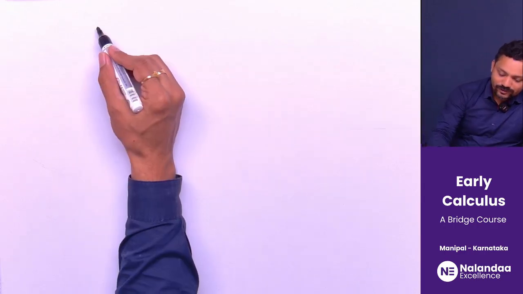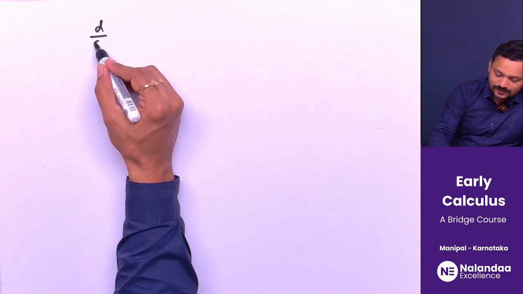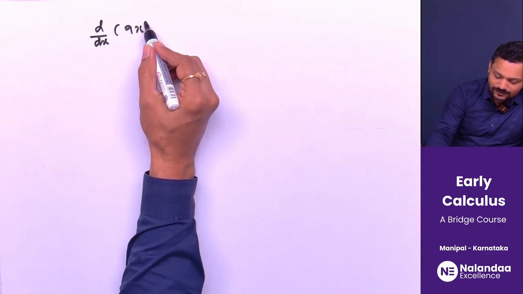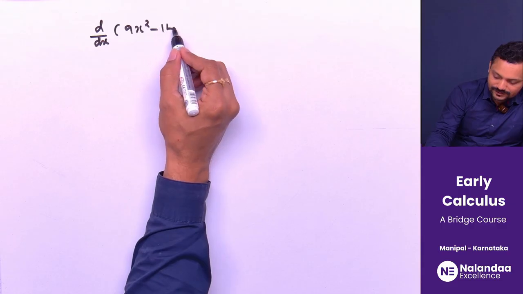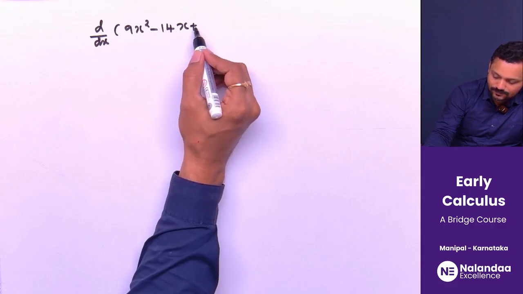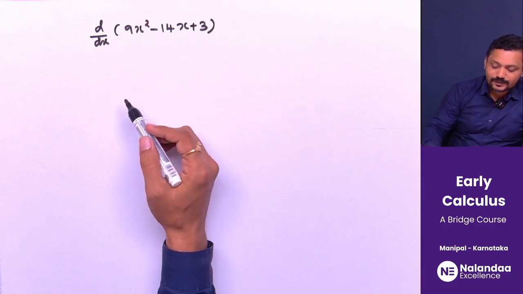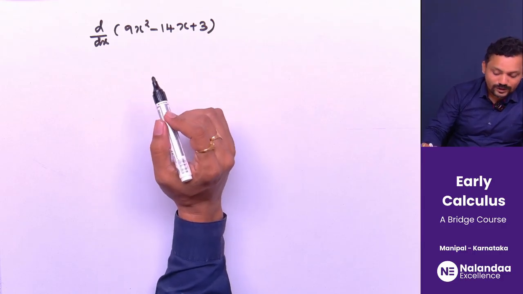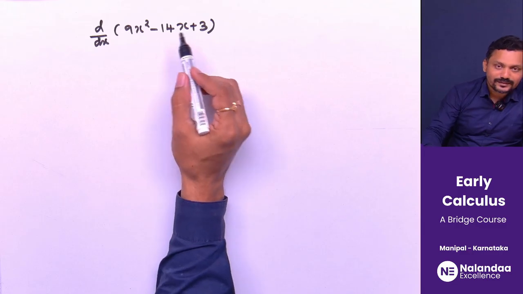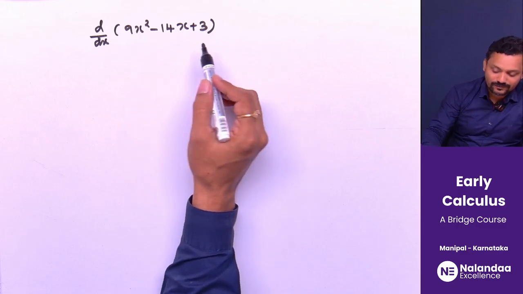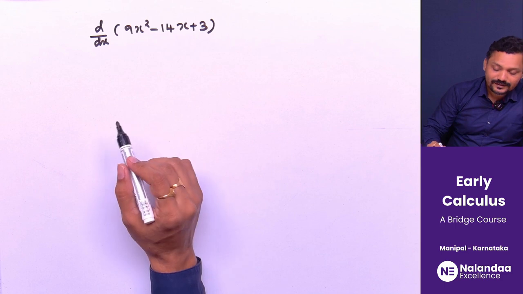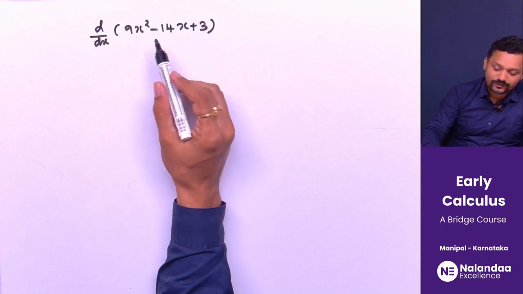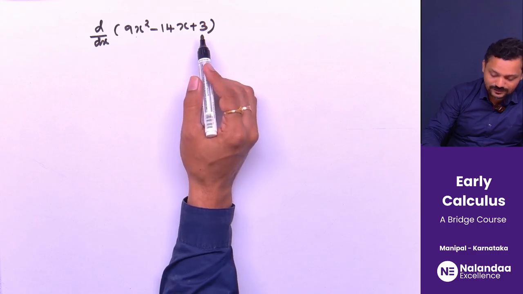Now suppose we want to differentiate an expression something like this, 9x square minus 14x plus 3. Now this expression is directly not of the form a x power b. What I mean to say is, there is a minus and plus sign between the terms. In these cases, we individually differentiate the terms or the functions.